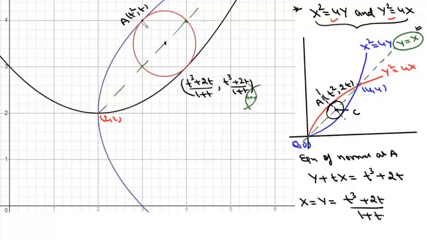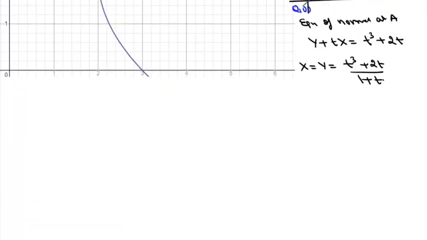Now we have to maximize this radius. If we use the distance formula, then we'll get this radius as r square equals ((2 minus t) upon (1 plus t)) square into (t square plus t to the power 4). Now we have to maximize this radius.